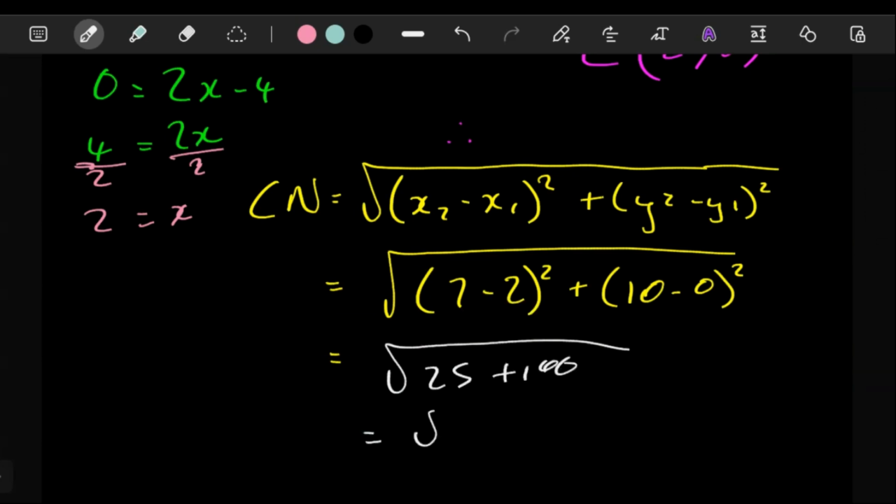Square root of 125. So square root of 125 is basically our distance of CN.